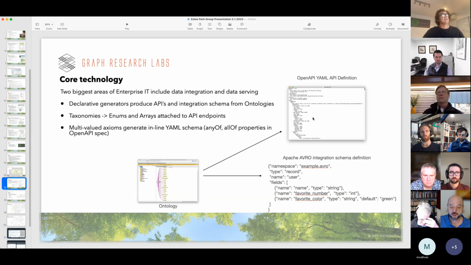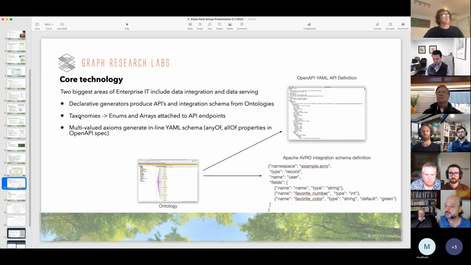So we generate these YAML definitions, and there's some really interesting things that we do there. For example, taxonomies, which are crucially important. We're working on a product at the moment for climate disclosure. If you have to build a climate disclosure to report your emissions in conformance with the Task Force on Climate-Related Financial Disclosures, this is becoming a standard around the world now. There's a lot of taxonomies in that.